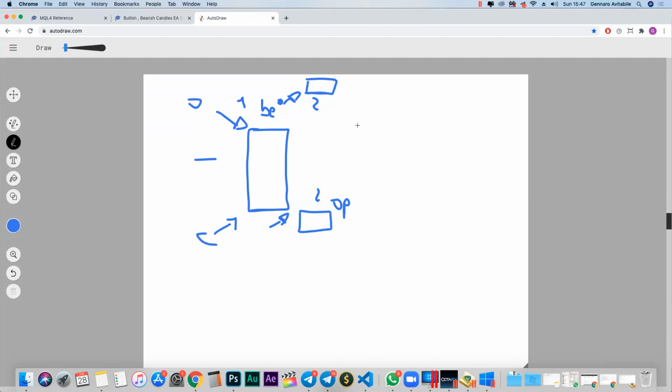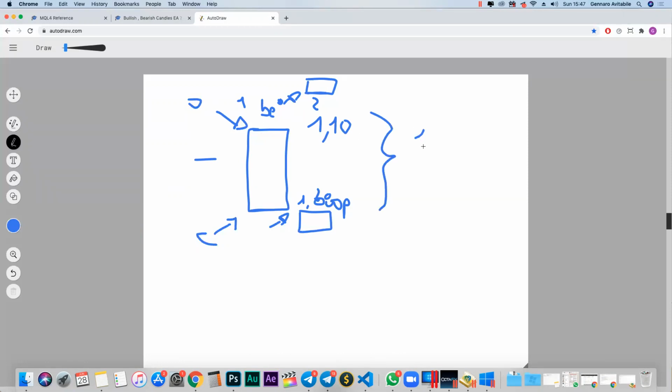So what we should do is understand if we need an addition or a subtraction. Let's assume this price here was 1.10 and this one was 1.08.